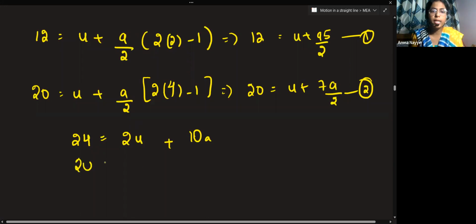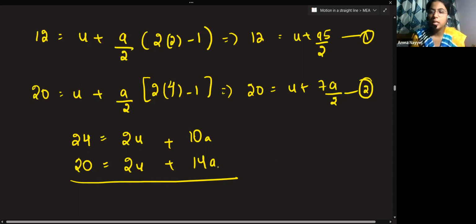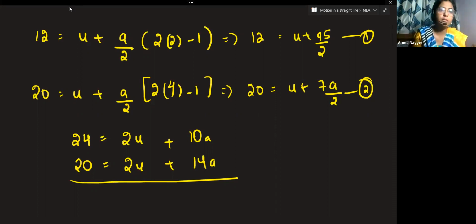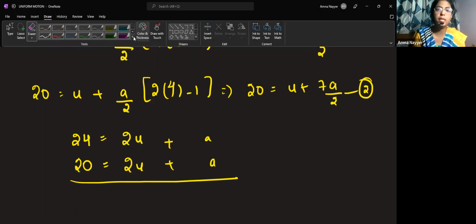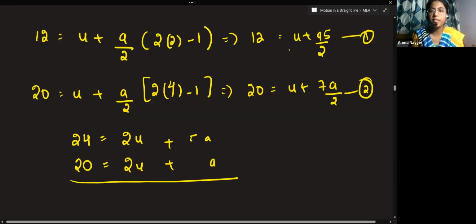The second equation is 20 is equal to 2u plus 14a. Not 14, it is 7, so this will be 7a. And this will be 5a, because we are multiplying with 2 and 2 is in the denominator. You multiply everything, so this becomes 5a and this becomes 7a.